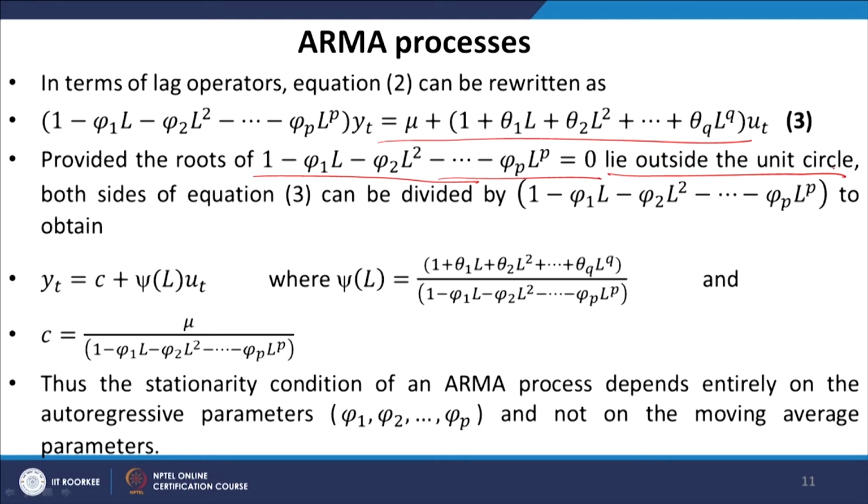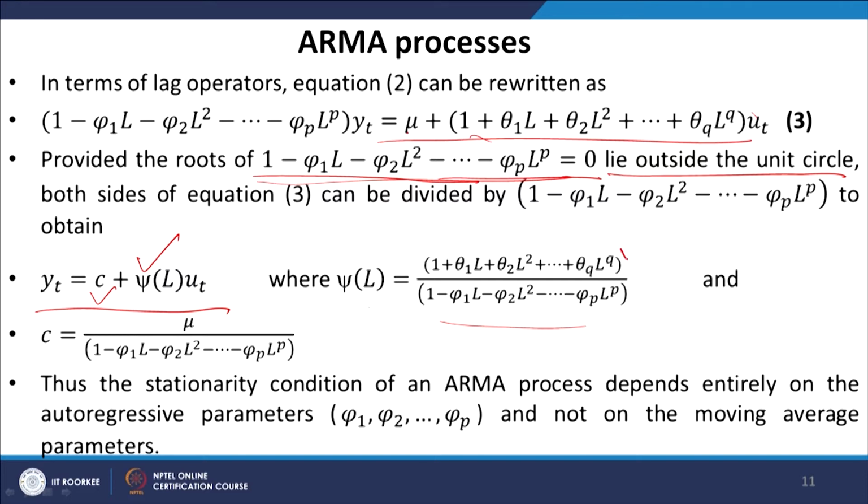Both sides of equation 3 can be divided by this lag operator polynomial of the AR process to obtain this expression, where psi(L) is basically this thing divided by this thing, and C is mu divided by the polynomial lag operator of the AR components.